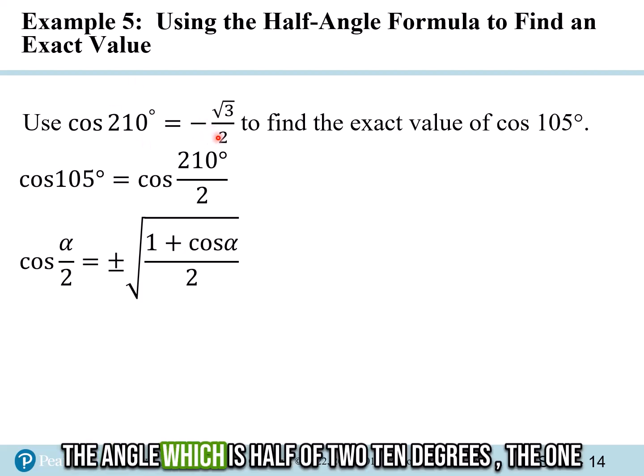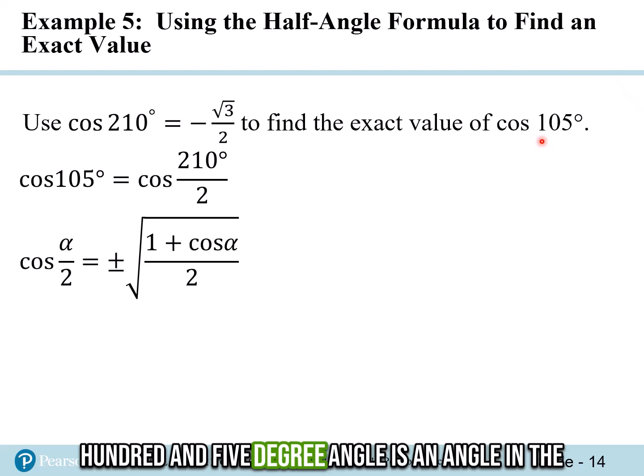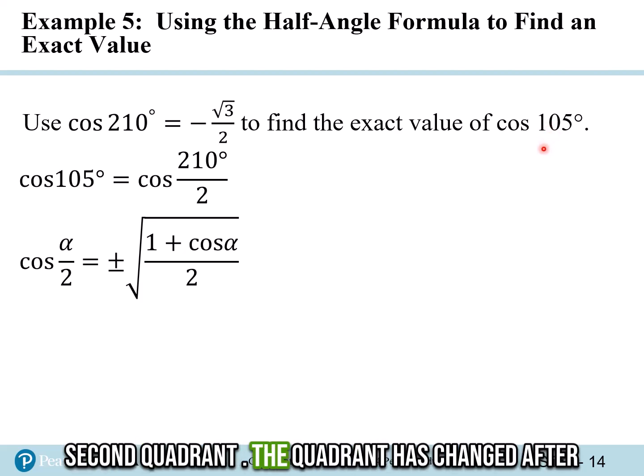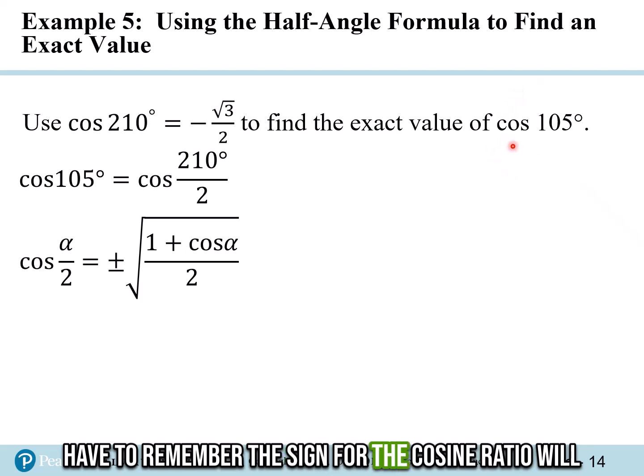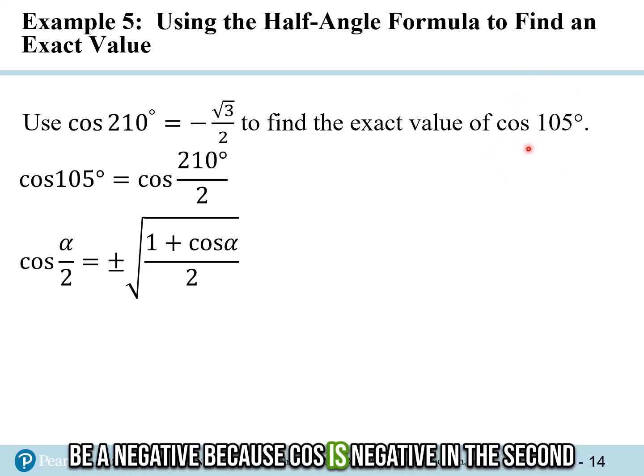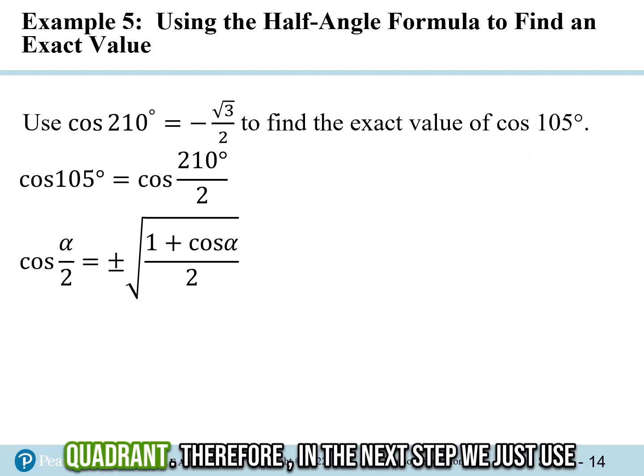However, the angle which is half of 210 degrees, the 105 degree angle, is an angle in the second quadrant. The quadrant has changed after we divided 210 degrees by 2. Therefore, you have to remember the sign for the cosine ratio will be negative because cos is negative in the second quadrant.